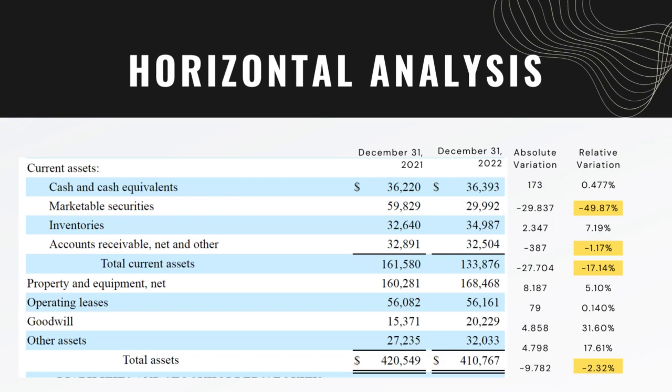However, it's important to analyze the positive variation, and this analysis showed us, for example, that goodwill had the biggest growth variation, with more than 30%. It refers to an intangible value that values the company.